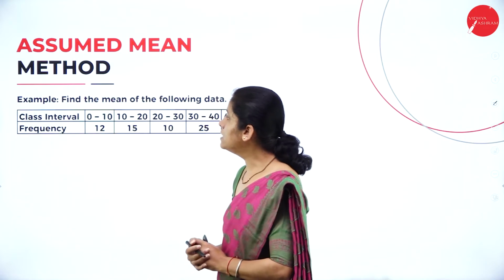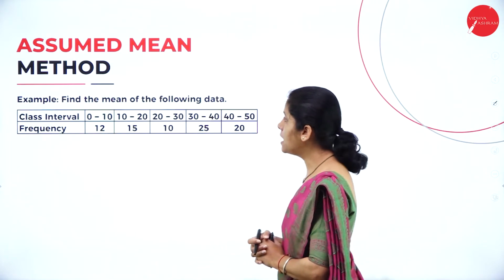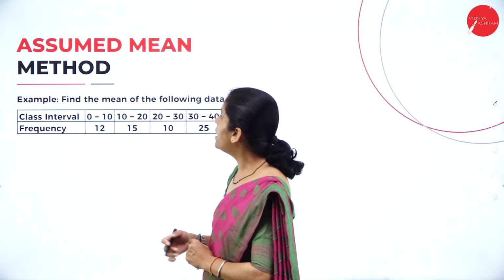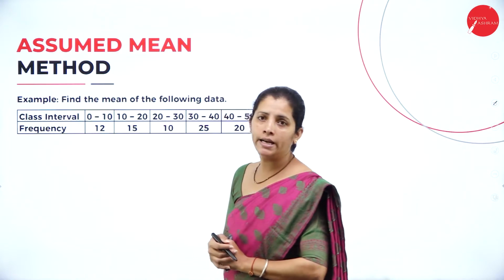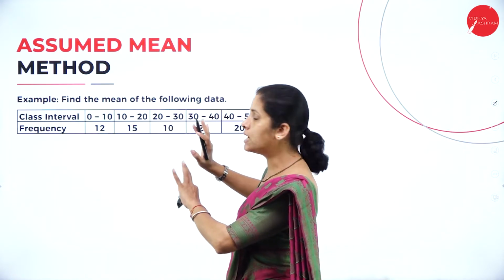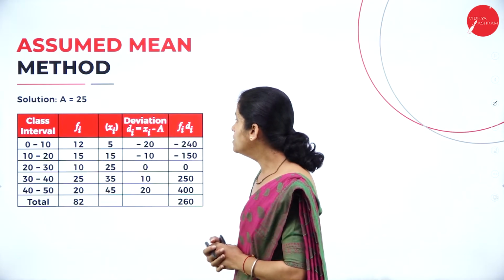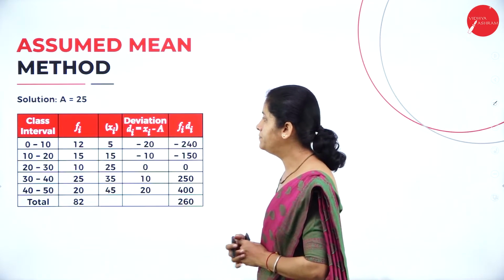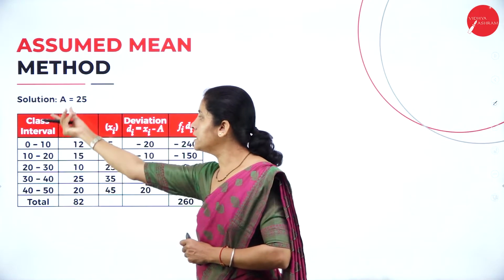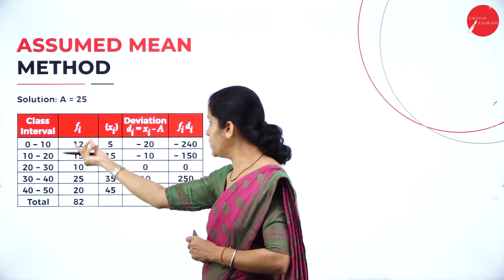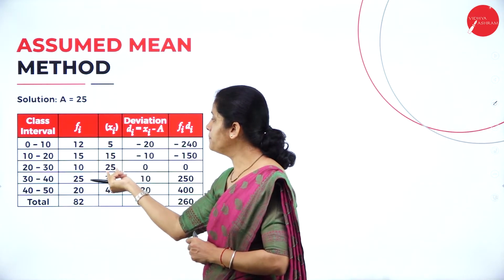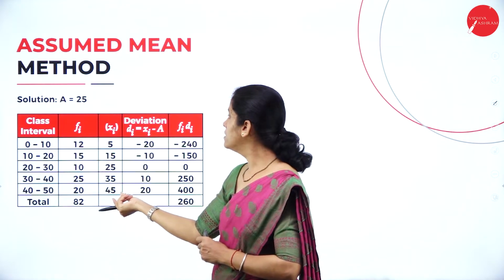Okay, fine. Now, let me consider the example here. Find the mean of the following data. Same example I am going to consider here. Now see here, I have the class interval, the frequency, and the midpoint.